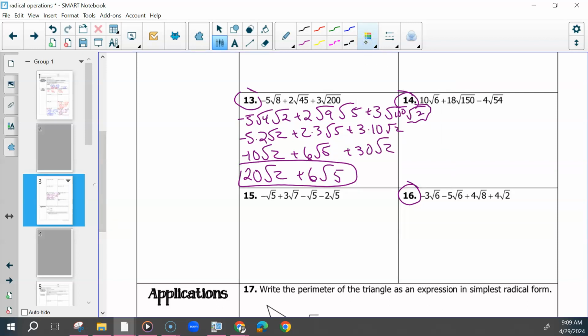Right. For the next one, can the square root of 6 be simplified? 2 and 3. Are either of those perfect squares that we could break down? No. So this one's going to stay the same, this 10 root 6. But 150 can be broken down. What is the highest perfect square that goes into that?